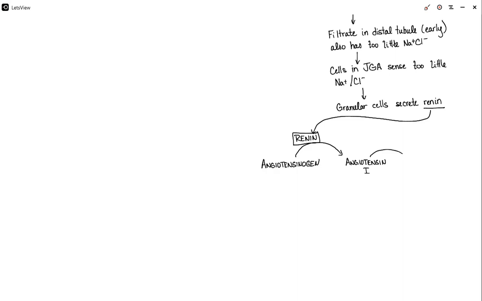And then another enzyme called ACE is going to convert angiotensin 1 into angiotensin 2, which is actually a small peptide.